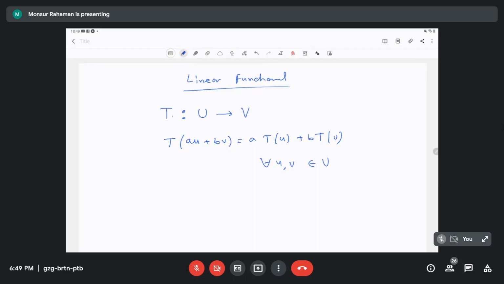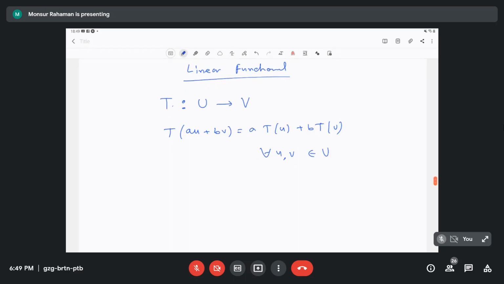So for example, you know this is a field, or you can take C also a field, or Q also a field. So mostly we take R and C. For defining a vector space, you always need a field. Okay? So let's take it C, or we sometimes call it K. Okay, K as a field, because K relates to R and C and Q altogether, whatever the field is.